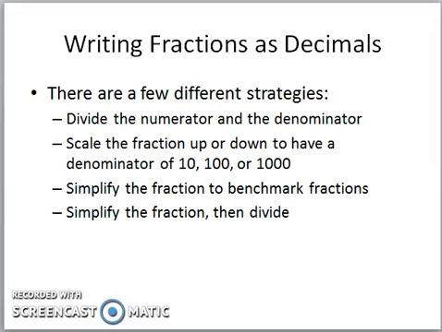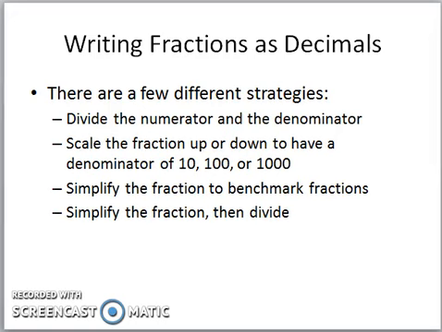So thinking about our second strategy, it says scale the fraction up or down to have a denominator of 10, 100, or 1,000. Why do you think that it would be helpful to have a denominator of 10, 100, or 1,000? Well, those denominators correspond directly to place value.